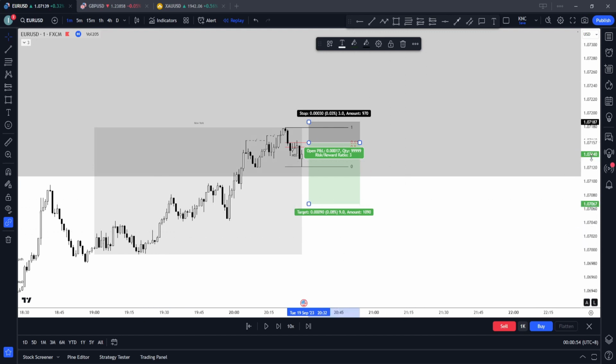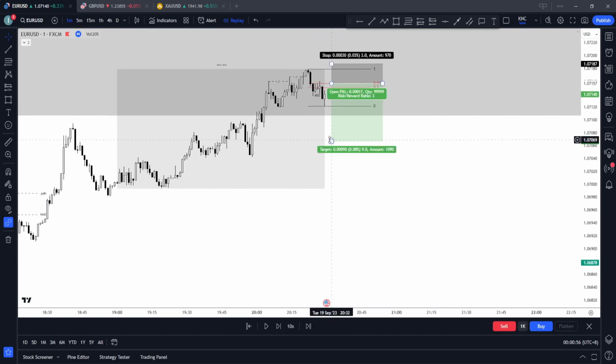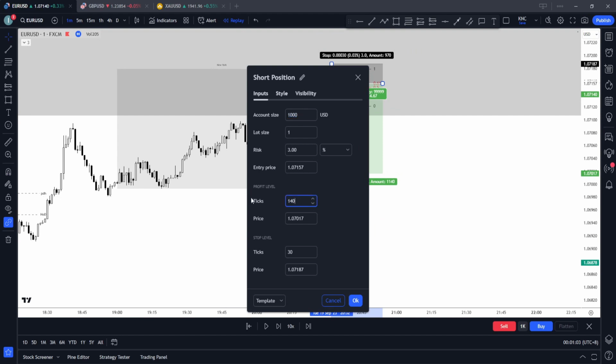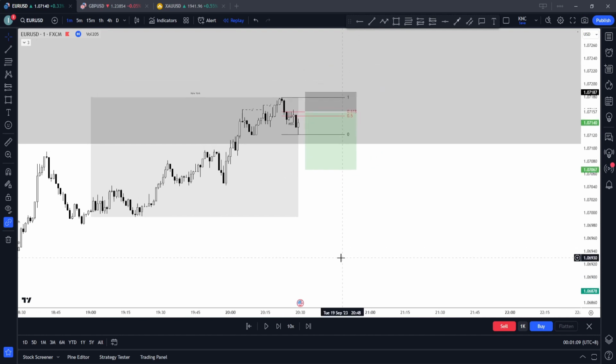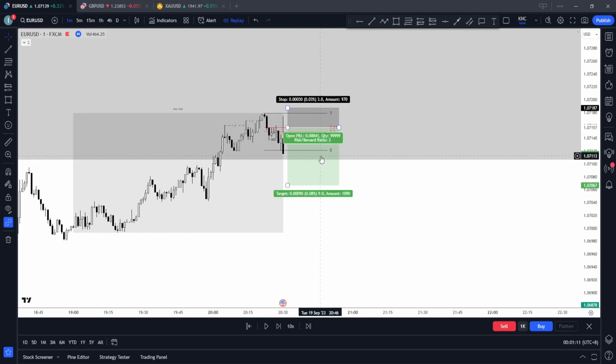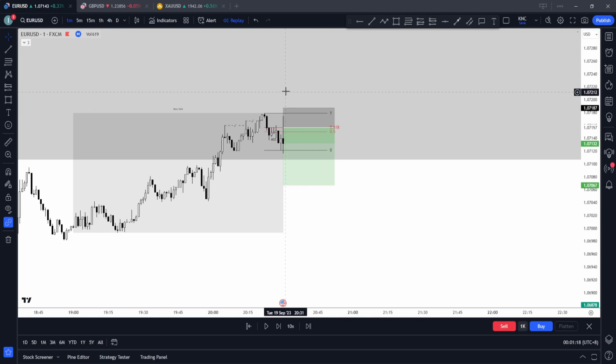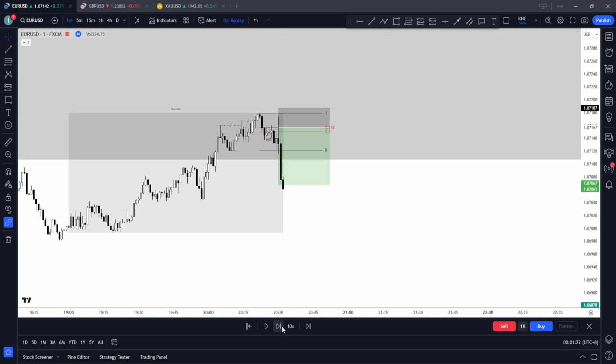If you are aggressive enough, you can target below this one, but for me, I target just a 1 to 3 risk reward ratio. This was the news candle that happened. I did not mind it much since it is not USD related news. So there you go, we have a TP hit.